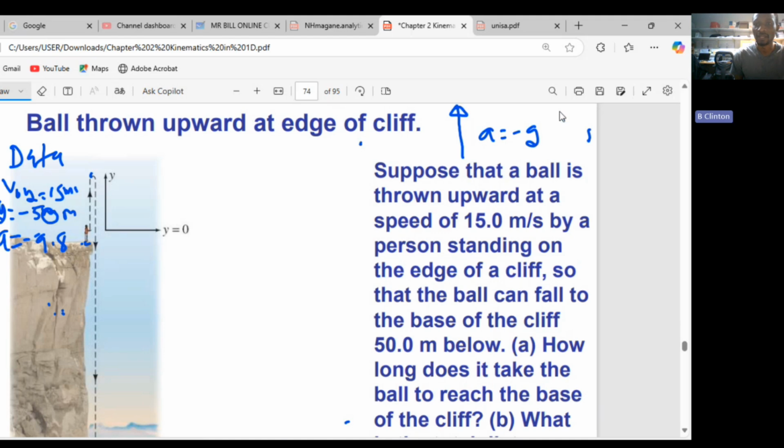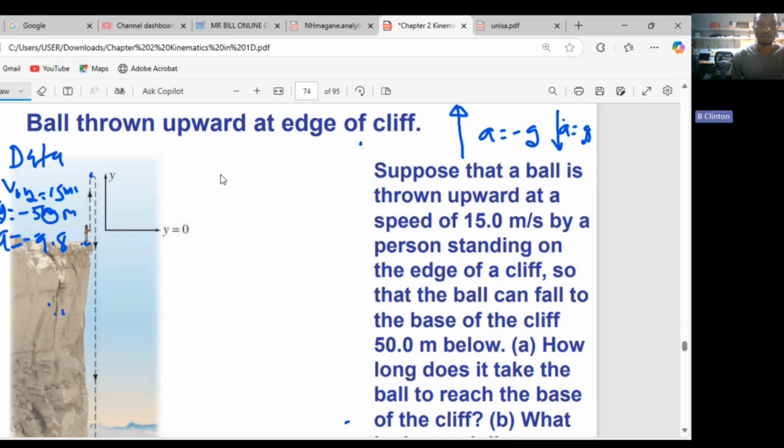However, if the downward direction is taken as positive, then the acceleration is going to be g, so 9.8 instead of minus 9.8. But in our example, we are using minus 9.8 because our motion is in the upward direction, and therefore it is going against the acceleration due to gravity.